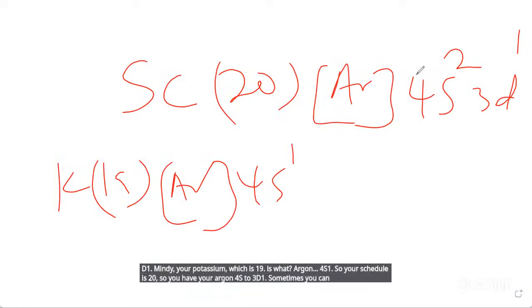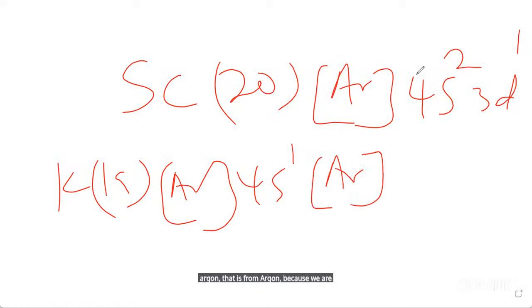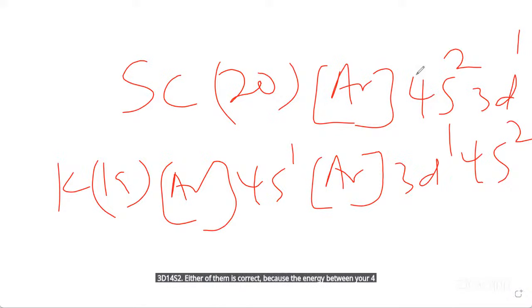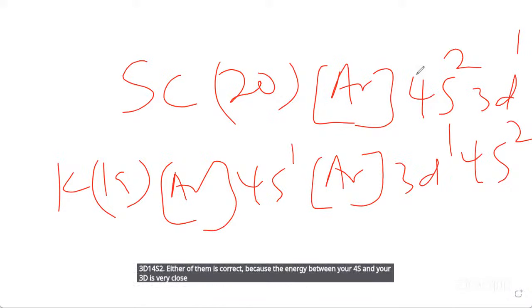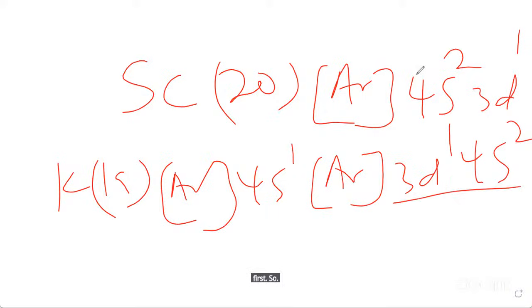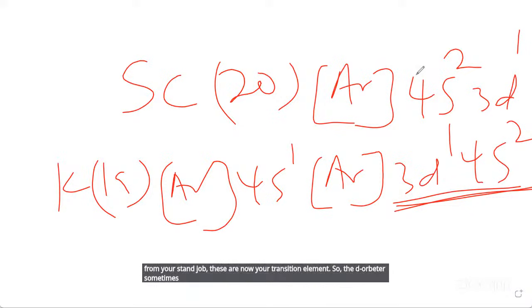Sometimes you can see it in a textbook written as argon 3d1, 4s2, because we are now entering the d orbitals. Either of them is correct, because the energy between your 4s and your 3d is very close, so either of them can come first. Most times this is the way it is written in the textbook, 3d1, 4s2, because from scandium these are now your transition elements, so the d orbital sometimes supersedes the s orbital.